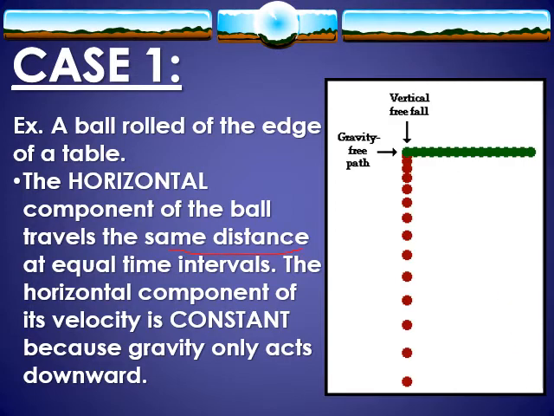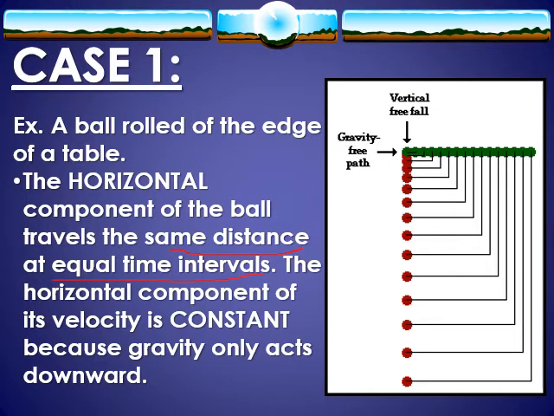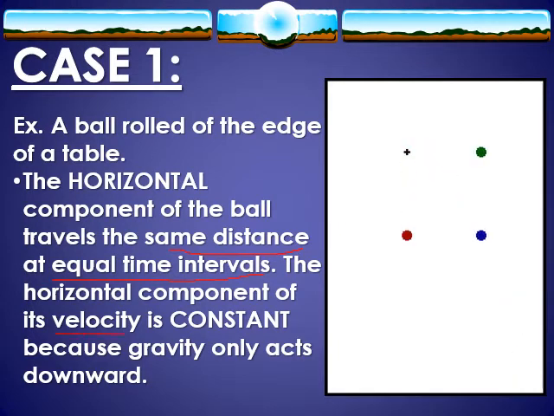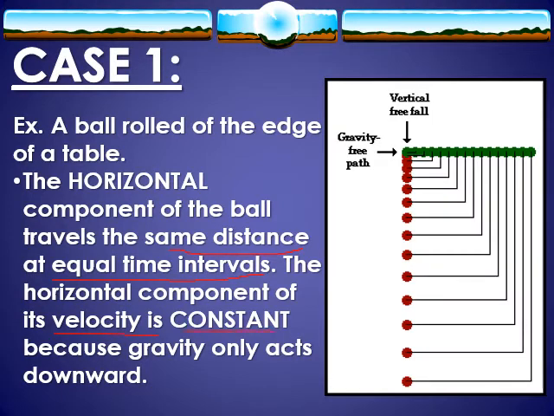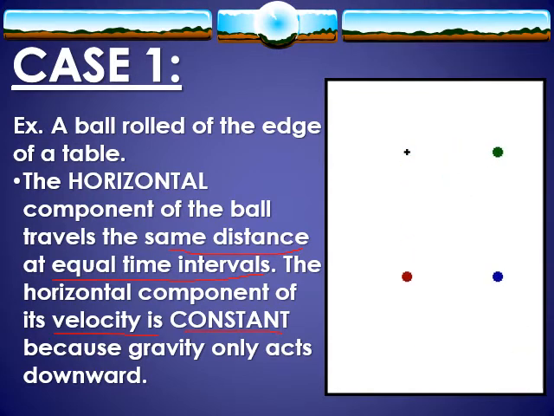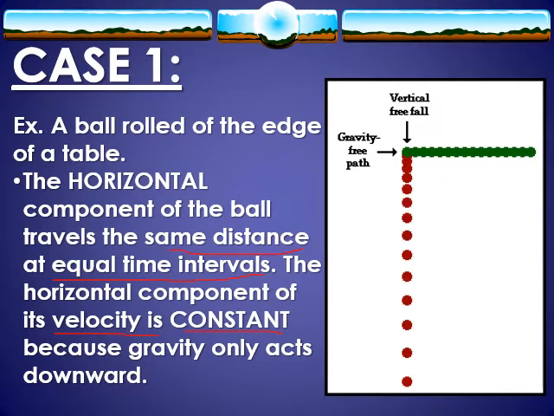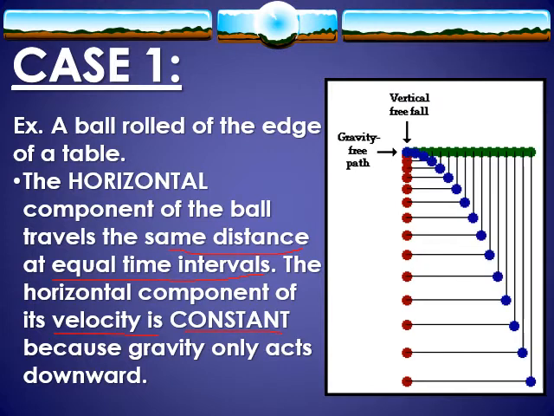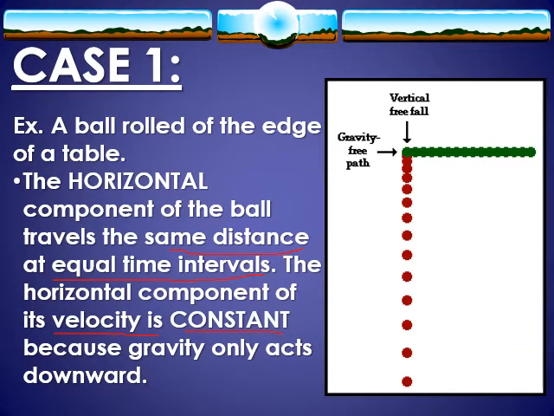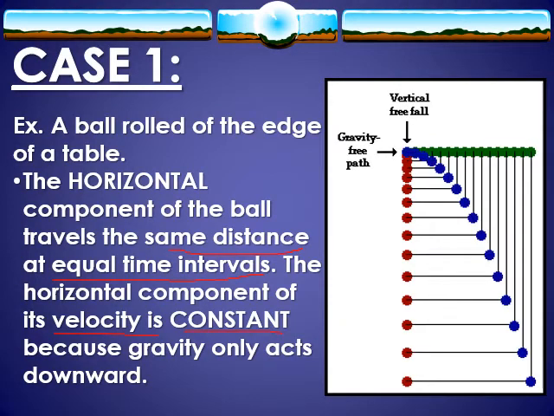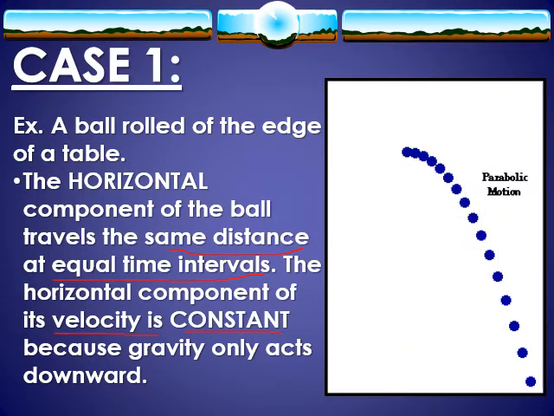Take note, the same distance at equal time intervals. And the horizontal component of the velocity of a projectile in case 1 is constant. All throughout, its velocity in the horizontal direction is the same. Why? Because gravity only acts downward. As we say, there is independence between the horizontal and the vertical motion of projectiles.